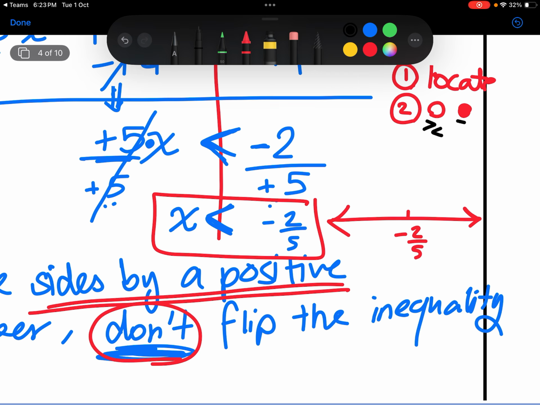It's closed when it's more than or equal to, less than or equal to. Since it's only less than, then it's an open circle. Third step is draw your arrow, either to the right or to the left. So x is less than, it's on the less side, pointing this way. Just go the same way and shade under it. That's it.